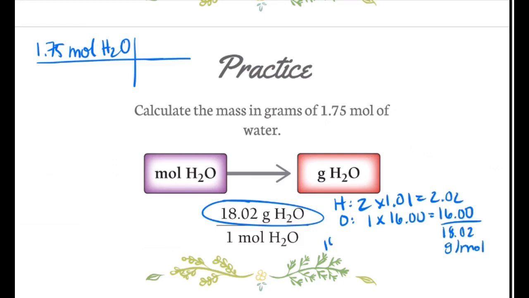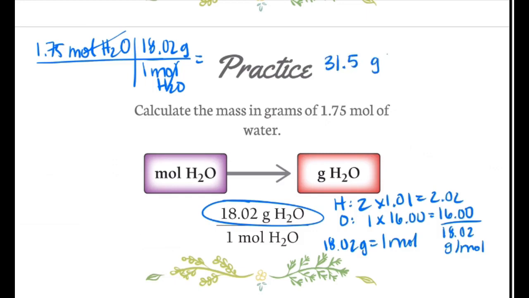So I can write 18.02 grams equals 1 mole, and I can put it as a conversion factor whichever way I like. So in 1 mole of water, I have 18.02 grams. So that's 1.75 times 18.02, and that's going to give me 31.5 grams of water in this many moles of water.